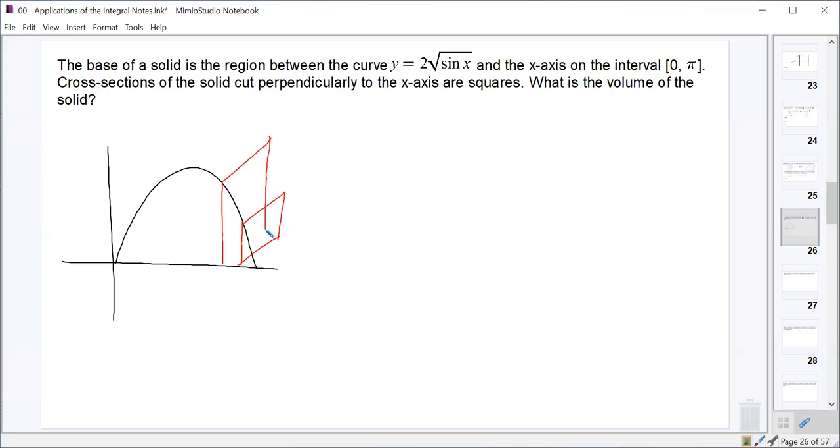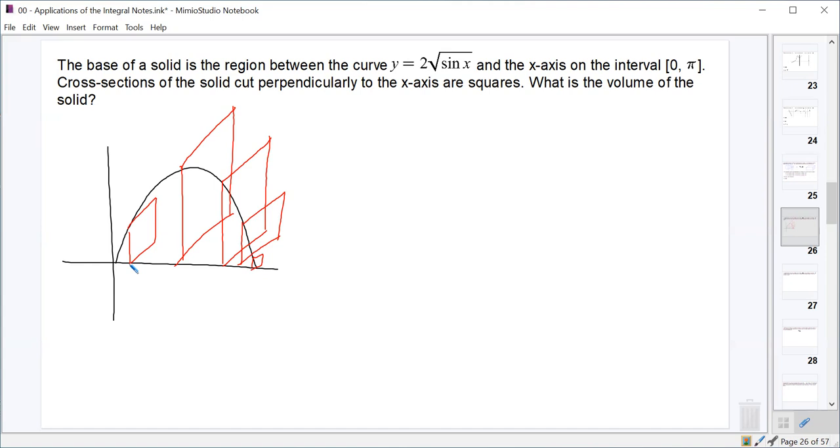Imagine that at the top here, we've got the biggest possible square. Down here at the ends, we've got really small squares. And these squares are protruding straight out of the screen at you. If you slice it down and open it up, what you see is a bunch of squares.